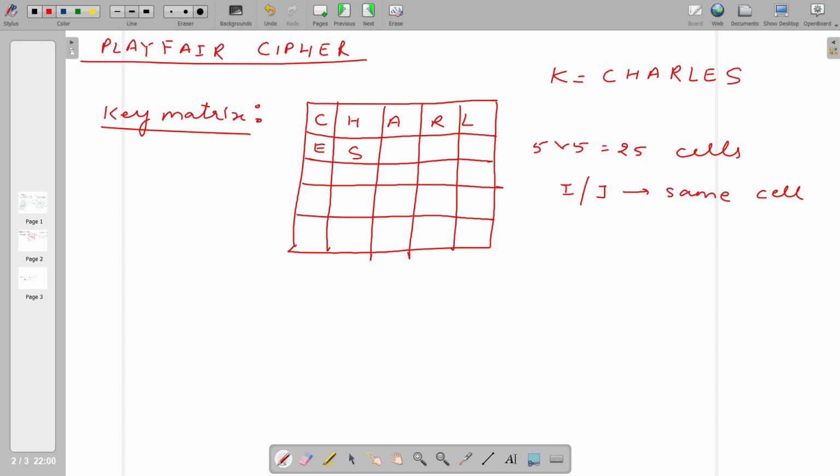For example, A is already there, I write B. C is already there, I write D. E is already there, F, G, then H is there, I. Now when it comes to I, I will write I and J in the same cell. Then K, L is there, M, N, O, P, Q, R is already there. S, T, U, V, W.